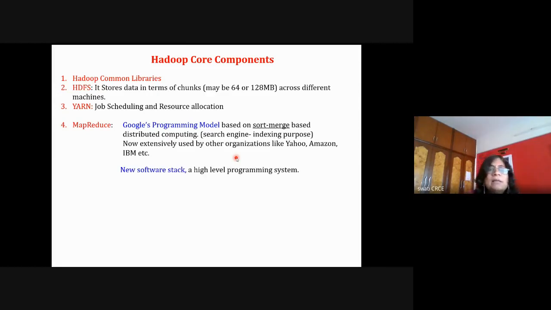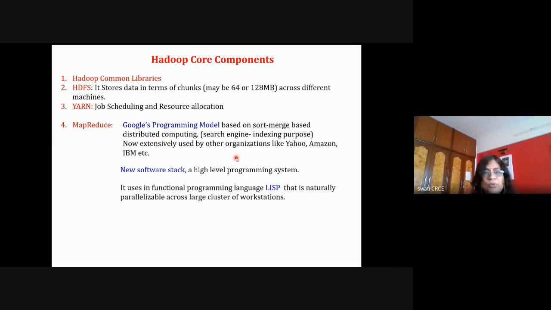It is a new software stack or high-level programming system which provides APIs to the programmer, so that the programmer can write the program in any high-level language like Java. But it uses concepts of the functional programming language Lisp.